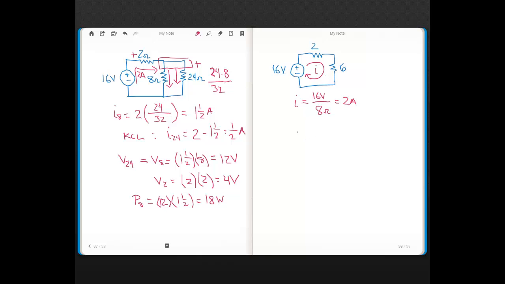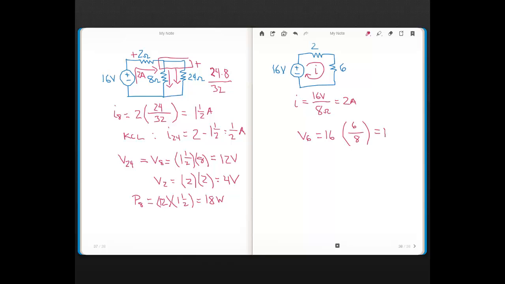So for example, using voltage divider, I could find the voltage across the 6 ohm. In this diagram, it would be 16 times a ratio where 6 is in the numerator. That's the resistor we want the voltage for. And then 6 plus 2, which is 8, would be in the denominator.